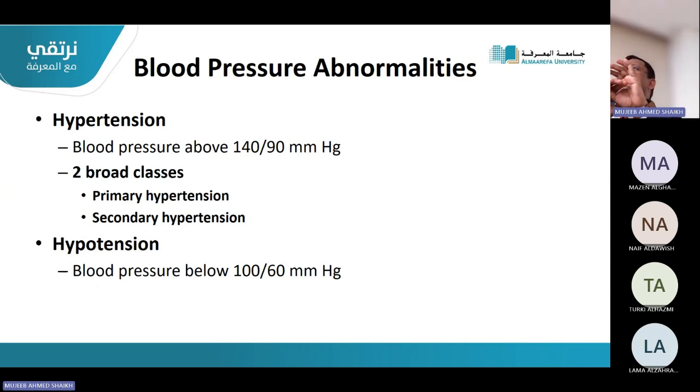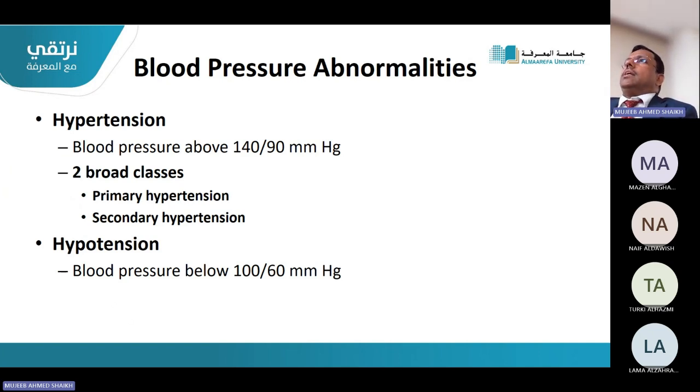If the blood pressure is raised due to an endocrine problem or CNS problem or respiratory problem or kidney problem, we say it is secondary to that. So that is secondary hypertension, which is only a few percent, less than 10%. But the main type is primary hypertension, when you don't know the cause of the increase in blood pressure.